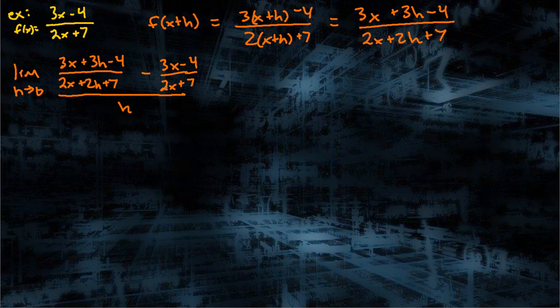All right, I'm going to work on this numerator a little bit over here off to the side. So let's go ahead and take a look at it. My common denominator is going to be 2x plus 2h plus 7 and 2x plus 7. So this numerator needs this 2x plus 7.